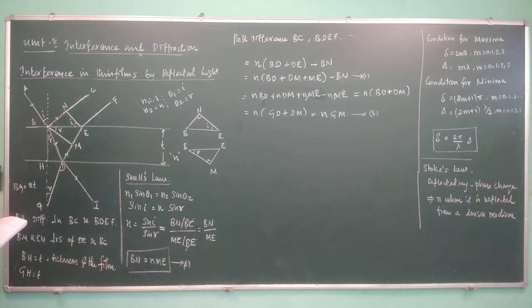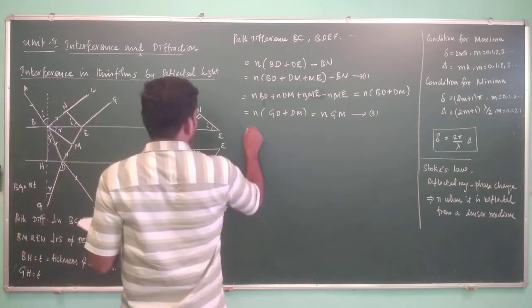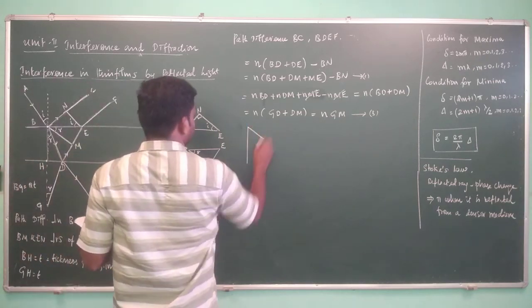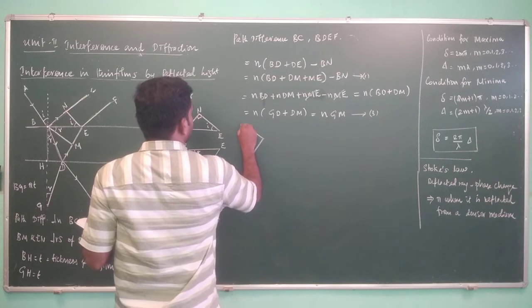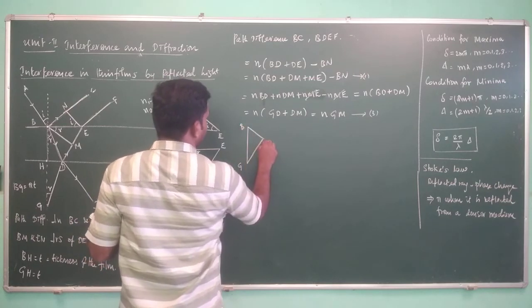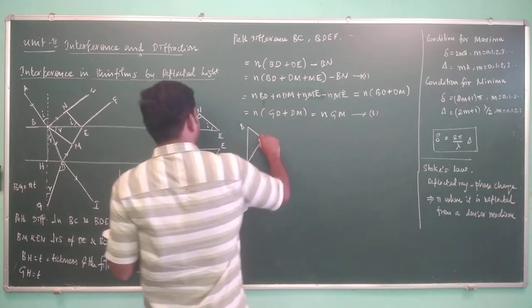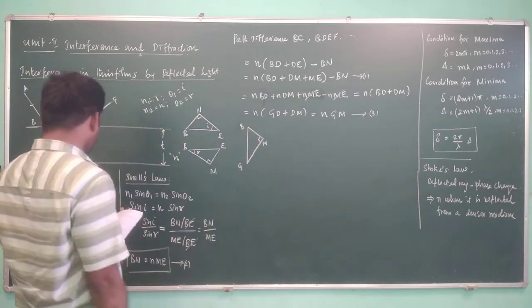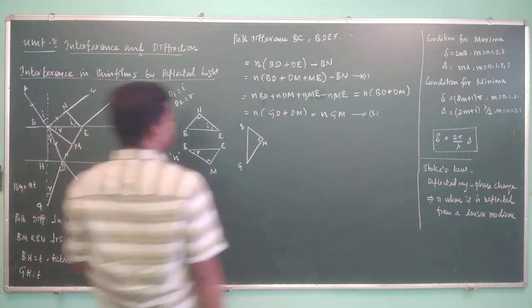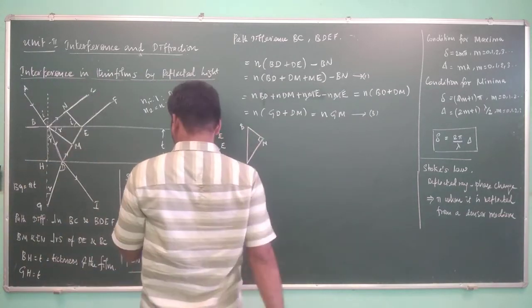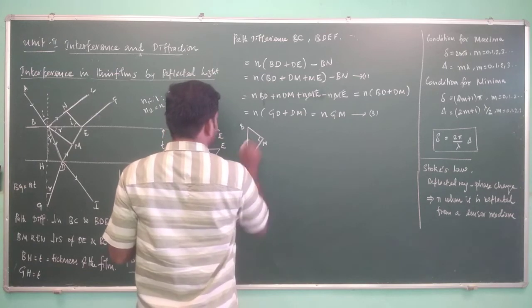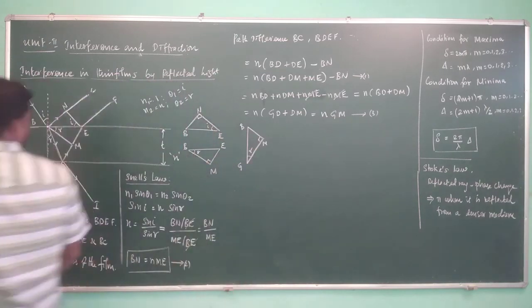Now let us consider the triangle BGM. This is perpendicular, and here the angle is R, right?